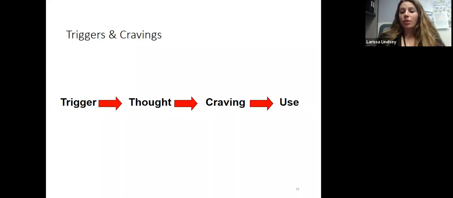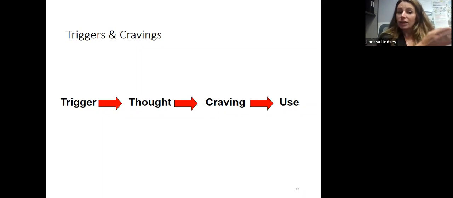Lots of things happen prior to you getting to that place where you're right about to use a drug. And one of the things that happens right before that is usually you have an urge or a craving, and we might provide some education about what the differences are between those. But we say you usually have some kind of craving that occurs, and that is both a feeling and a thought. And that is preceded by a trigger, and that could be internal or external.